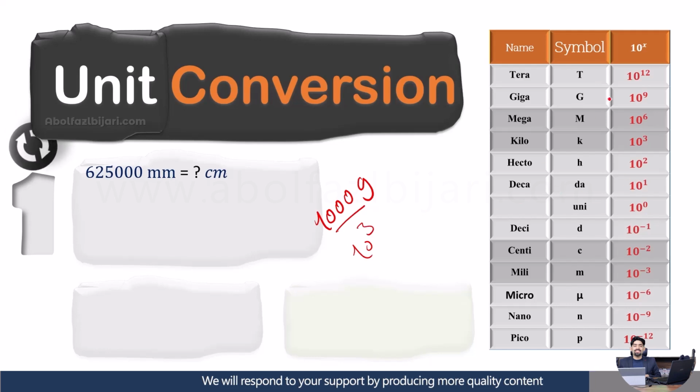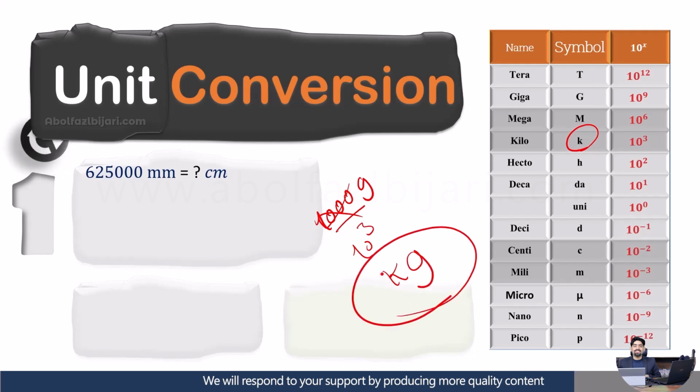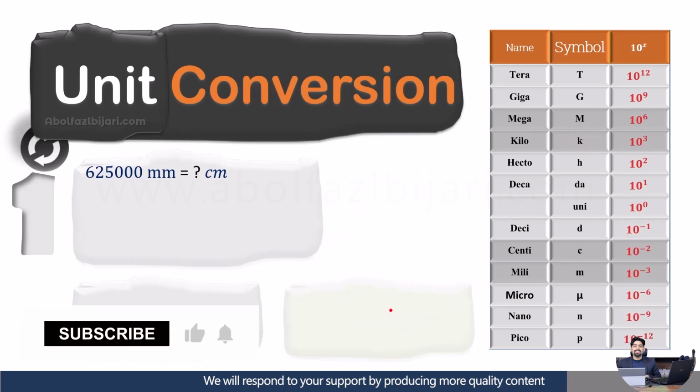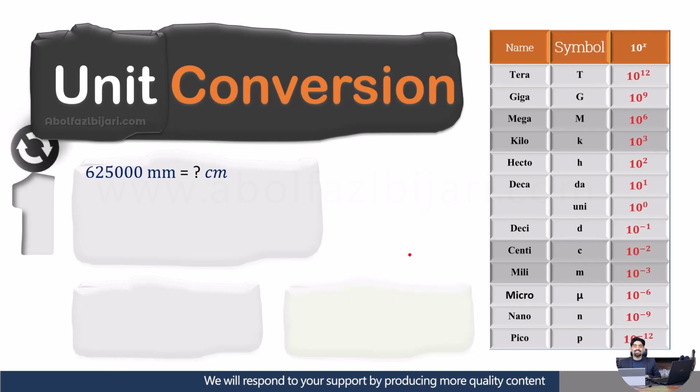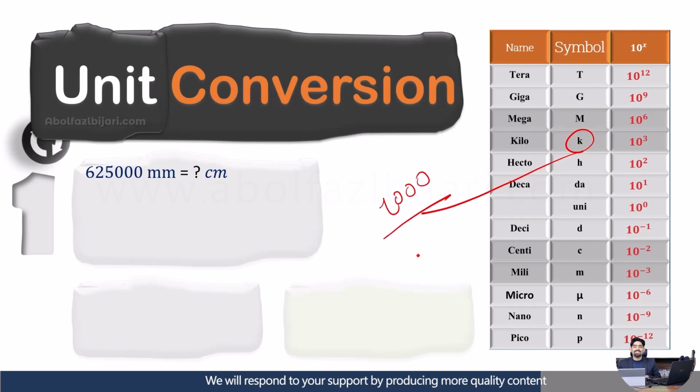You can see in this table about kilo, you can remove them and write K before G. It's about kilograms. Or the opposite: whenever we see K, we can put 1,000 instead, or 10 to the power 3.